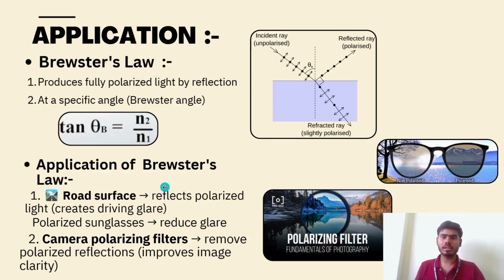It's simply the angle at which sunlight coming from the air hits the road and splits into two, and the polarized part is visible to us. As we come near, it disappears. For this, polarized sunglasses are used.